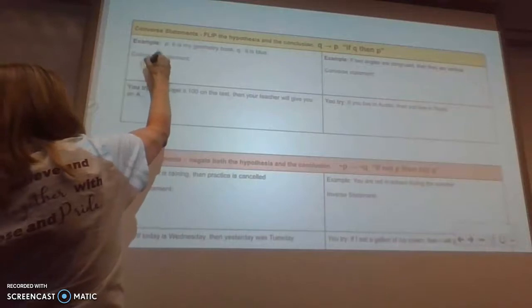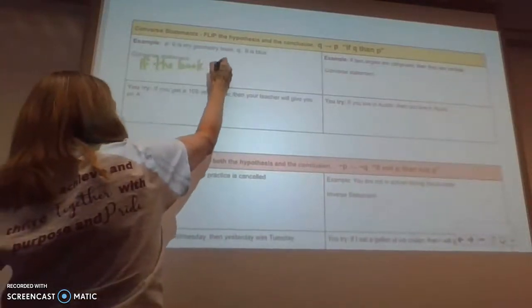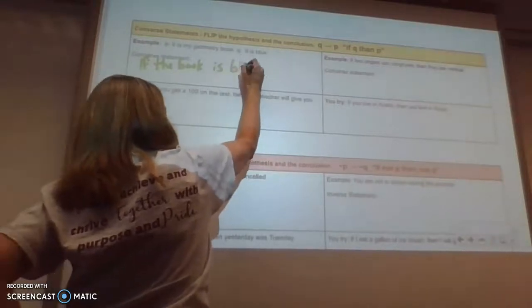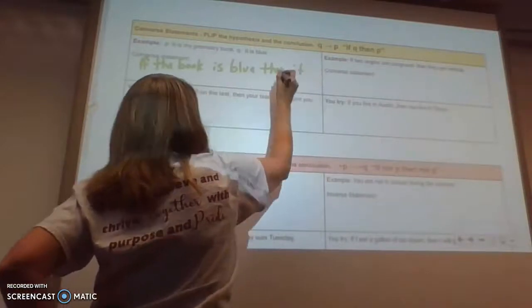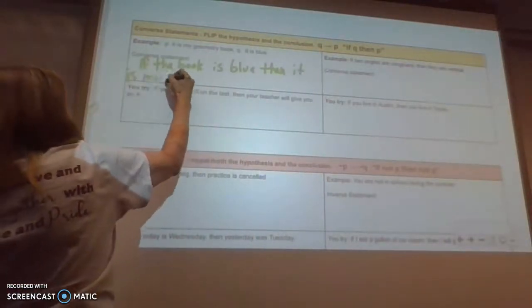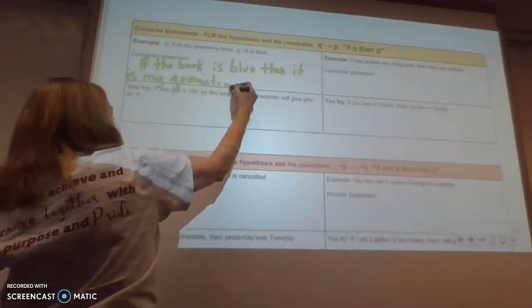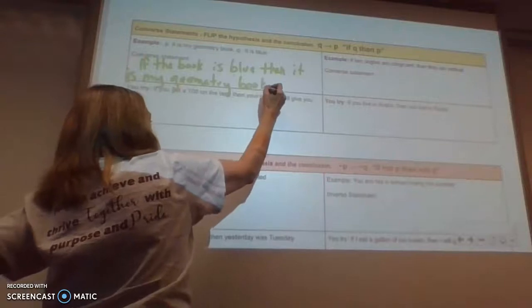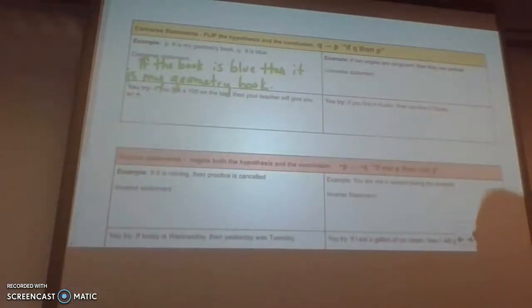So, if the book is blue, then it is my geometry book. So all we did was flip that. Wow, okay. Q before P.